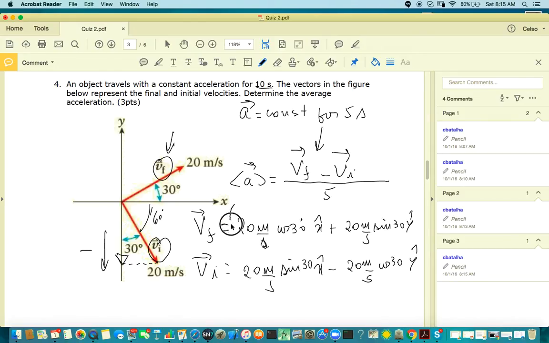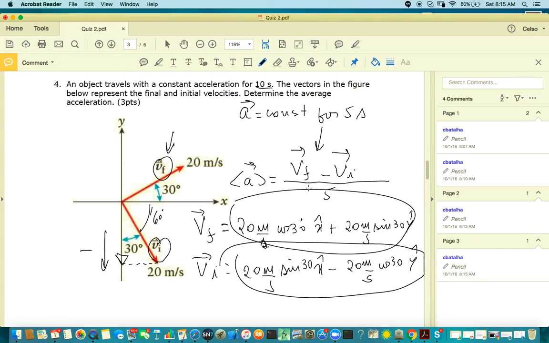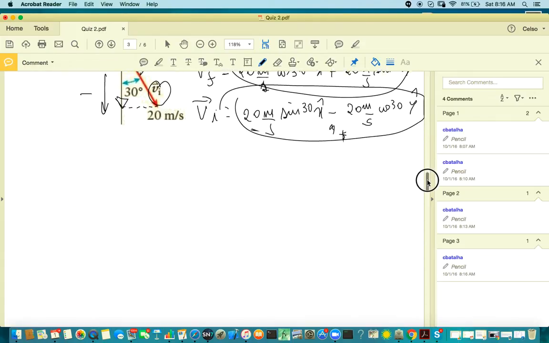You take these numbers and subtract from these numbers, and make sure this negative sign is applied on the Vy. So this is going to be negative and this is going to be positive, right? So this is going to end up being positive. You're adding that component in y and you're subtracting this component in x.